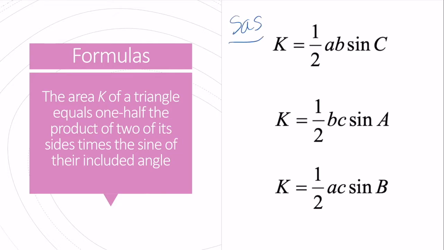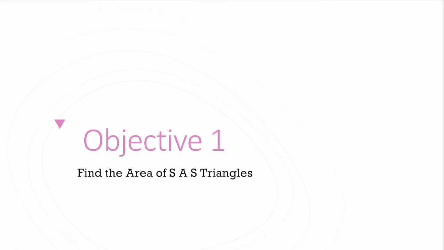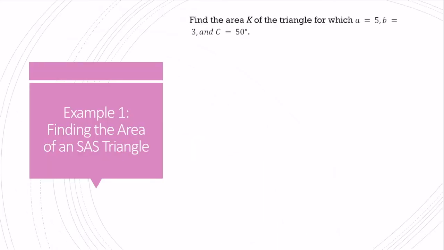So let's work through an example. First thing we're going to do is find the area of a side angle side triangle. If I have A is 5, B is 3, and C is 50 degrees, let's find the area. Well, C is 50 degrees, and I know A is 5 and B is 3.